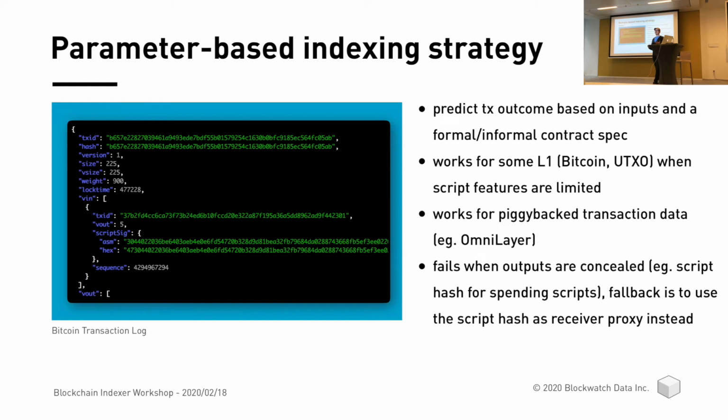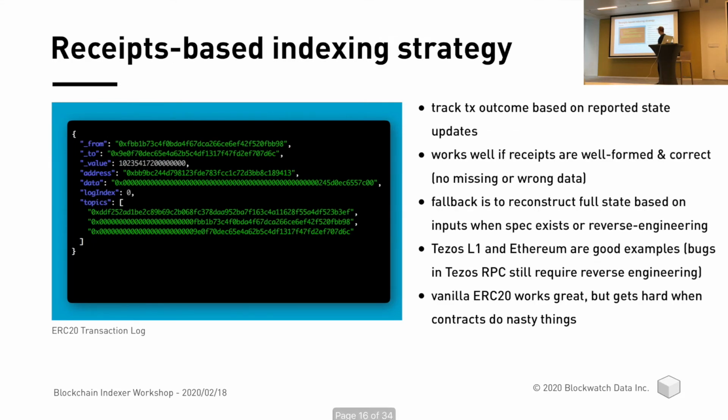In Tezos, there are still some bugs in the RPC layer, and there are situations where you can't really trust the outcome. Balances are totally okay, but for example the state of bakers, whether they are active or inactive: there is a bug which doesn't signal when a baker becomes inactive again. So you'd have to use a different way of indexing in this case.